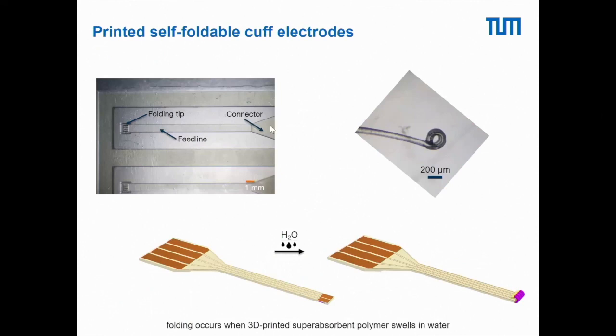In this design, we again 3D printed a cuff electrode, but now we printed additionally on the backside a super swelling material. We did that in such a geometry that the cuff electrode, once you start to immerse it into the water or the electrolyte of the insect, basically starts curling up. So you have a few tens of seconds and then the cuff builds itself.